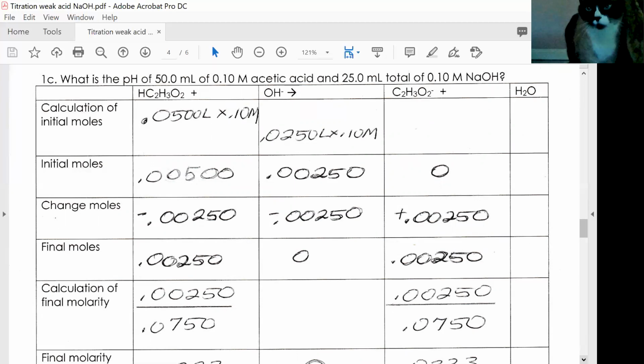The next step is our change in moles. This is a limiting reagent. So we're going to lose moles from our reactants. Our limiting reagent is hydroxide, and we're going to gain moles for acetate. So go ahead and fill that in, change the moles.